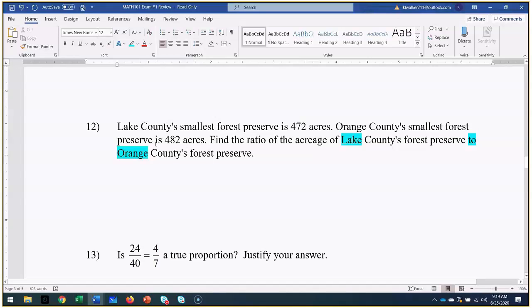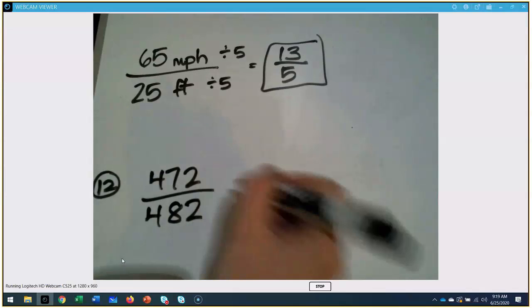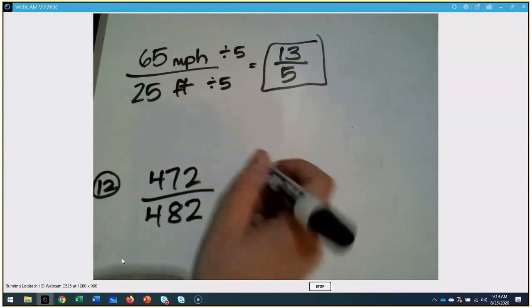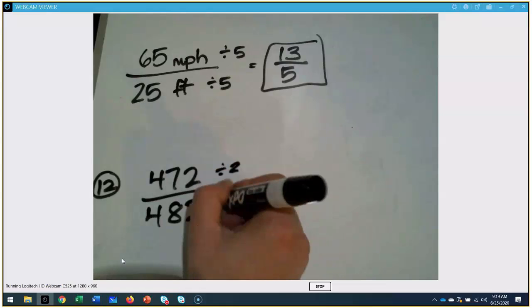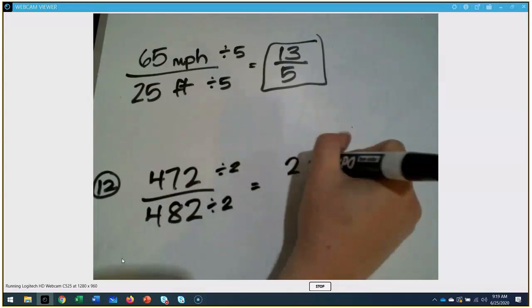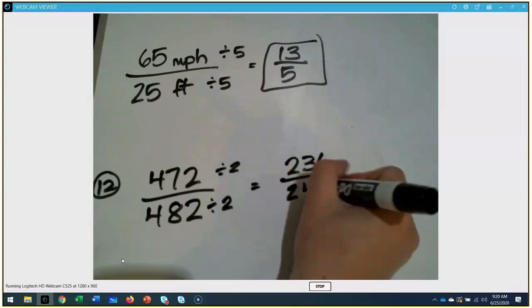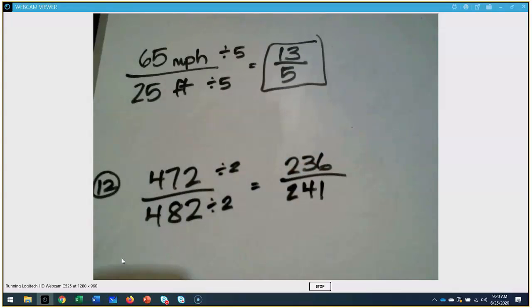Then Orange is 482. Okay, that's literally all that I want. And so I just need to simplify these since they both end in 2. I can divide them both by 2. And that's it. Those don't go down any further.